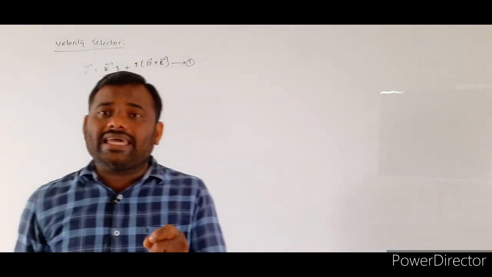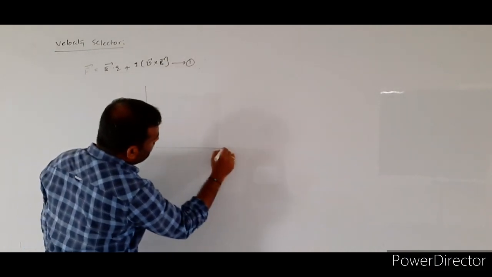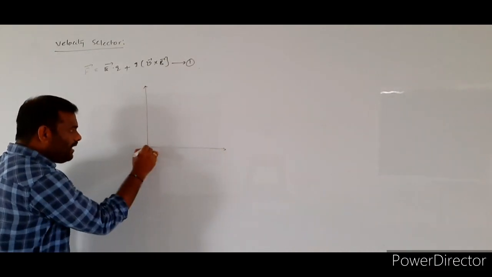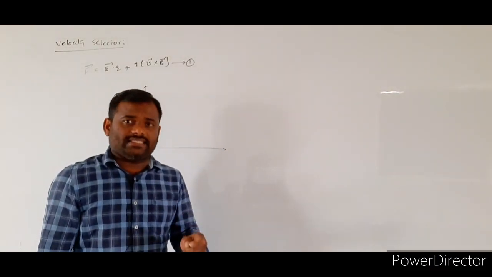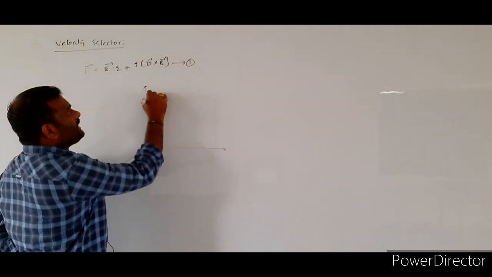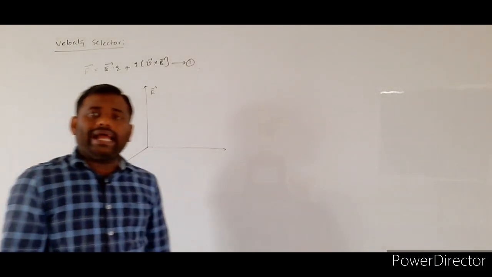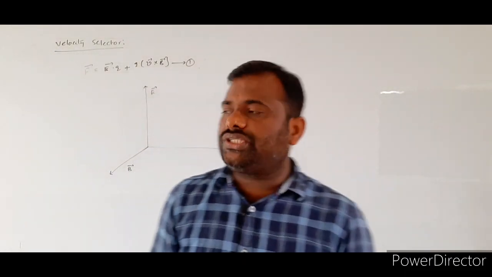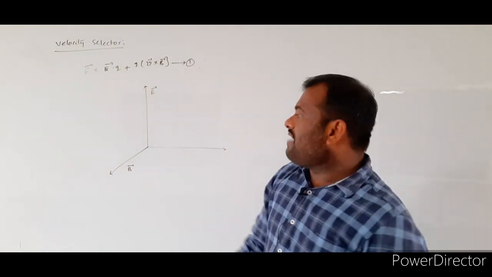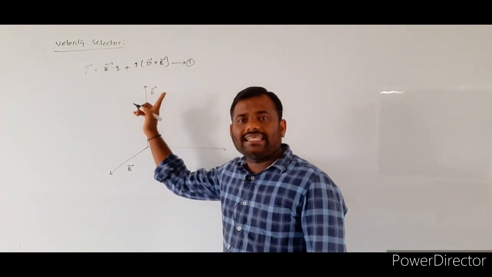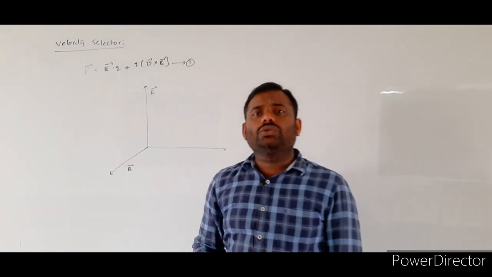Here we are assuming that we consider both fields, one is the electric field, another one is the magnetic field. In this velocity selector case, we are assuming that both the electric field as well as the magnetic field are acting at right angles to each other.